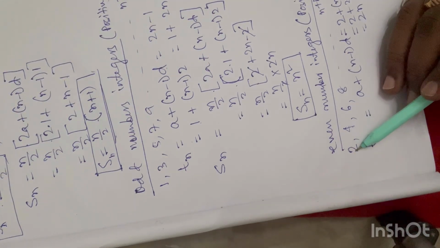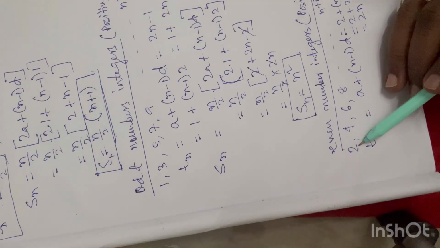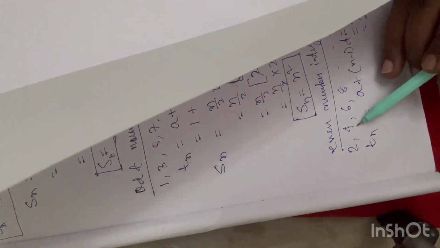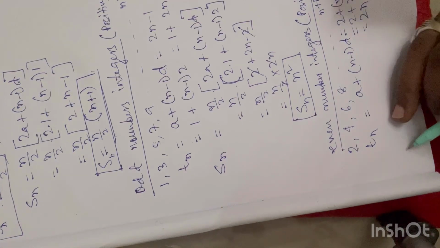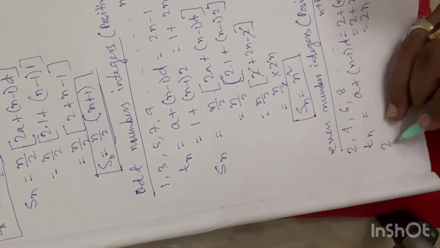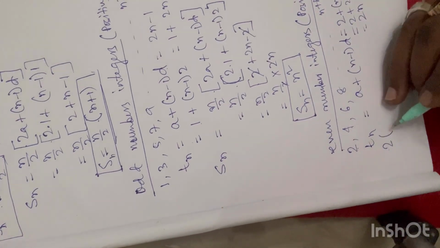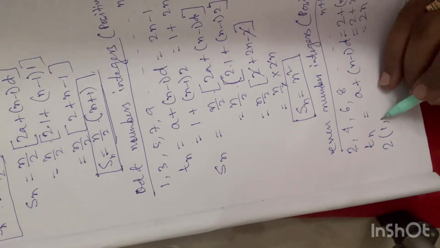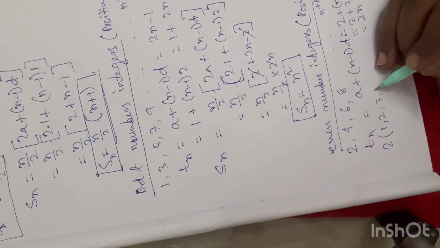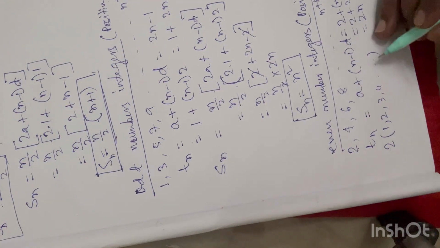So if I say 2 into 1, this is the first number position, 2 into 2 the second number position, 2 into 3 the third number position. So this series also can be written as, without harming the integrity of the series, 2 into (1, 2, 3, 4) like that.